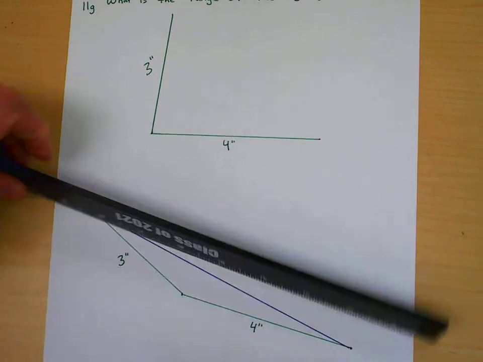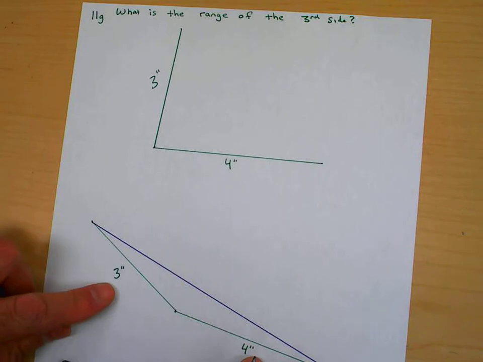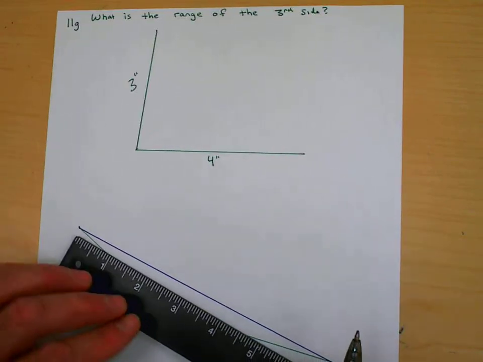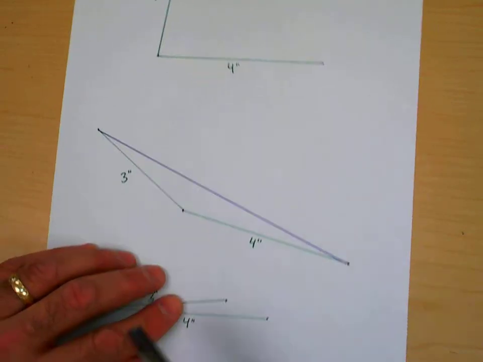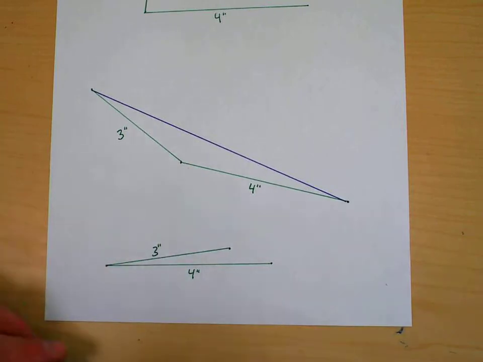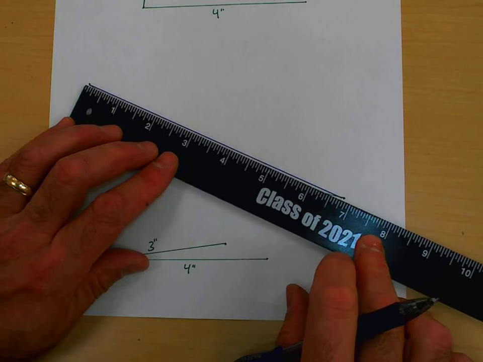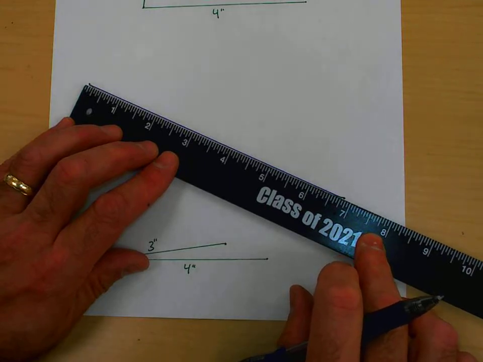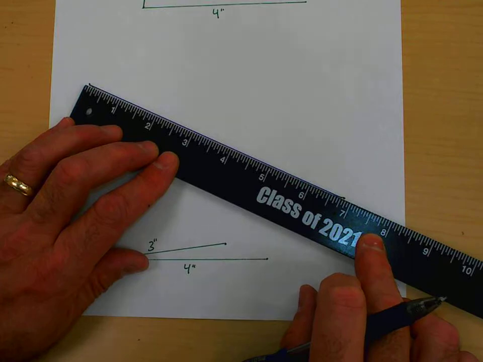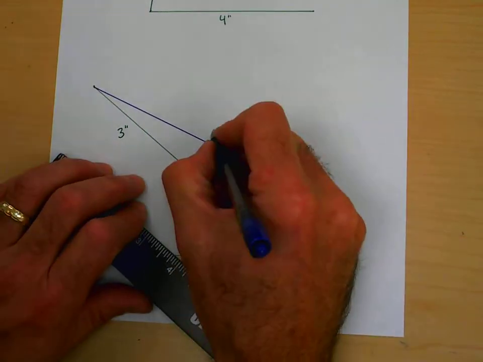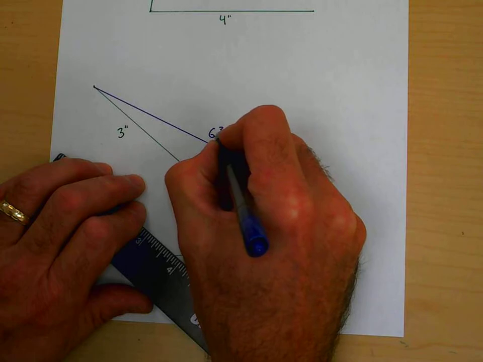This was 3 inches and this was 4 inches, which I had created before I started making this video. How far apart are they in that case? It looks like they're just a little longer than about 6 3/4. Roughly speaking, 6 3/4 inches.